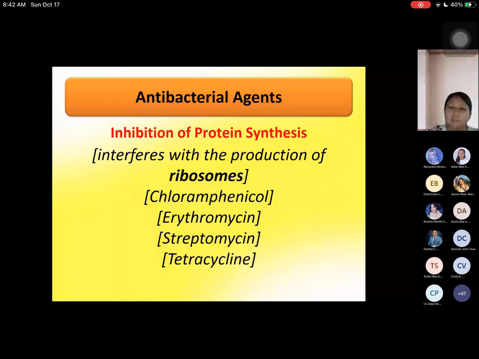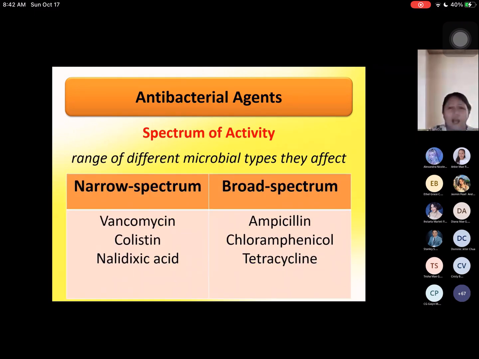For the spectrum of activity, this is the range of different microbial types they affect. We already heard the term narrow spectrum antibiotics, which usually only affect either gram-negative or gram-positive.